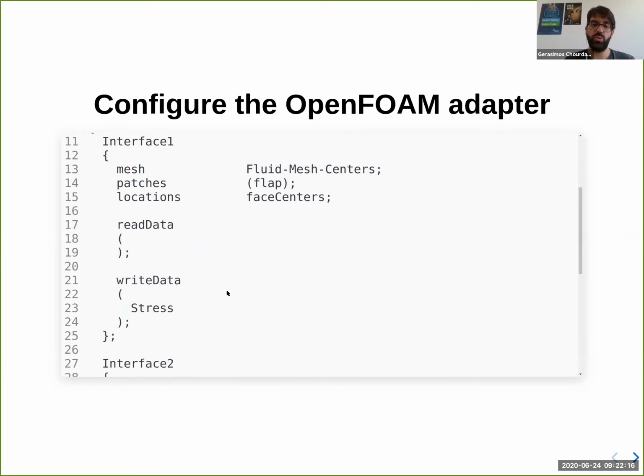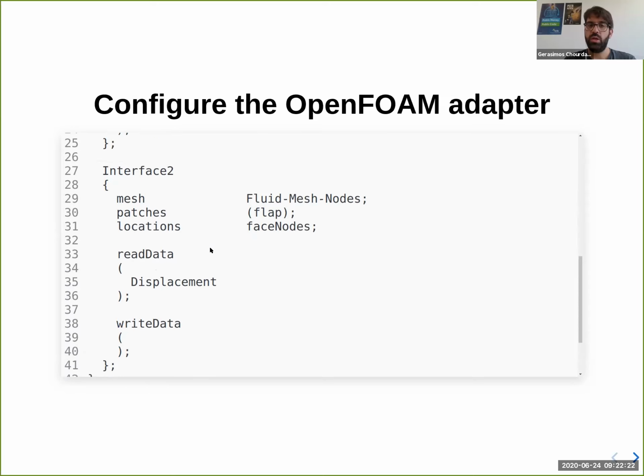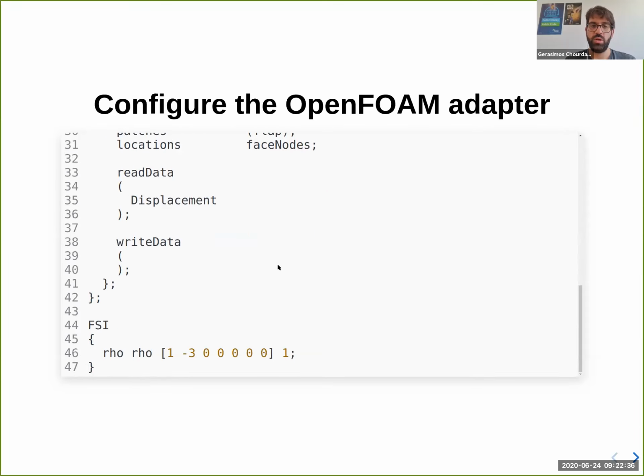And there we want to write stresses, and we don't need to read anything. The interface 2 is defined on the face nodes of the flap patch, and we name it fluid mesh nodes. There we read the displacements, but we don't write anything. Here we may also read some additional parameters. We have an incompressible solver, so we read the reference density.